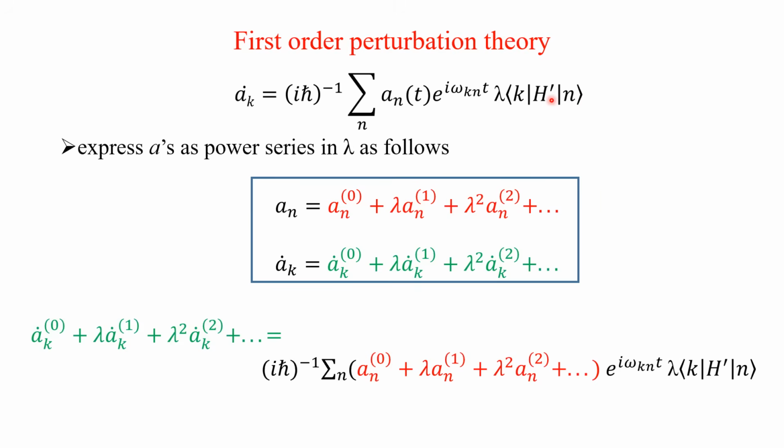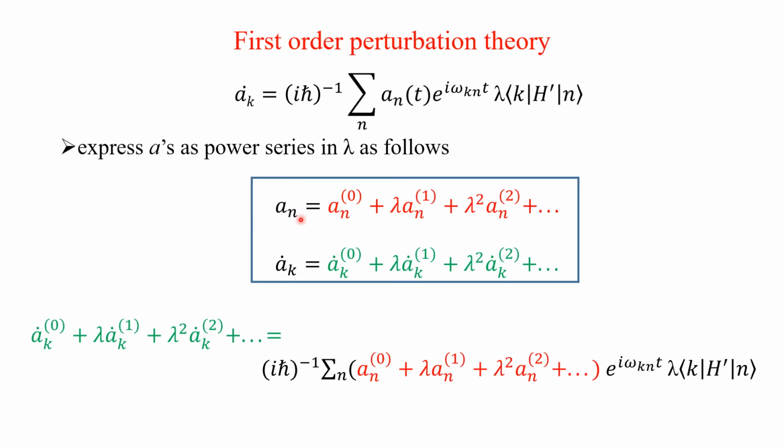As we have done in the case of time independent perturbation, a's can be written as a power series of lambda, where lambda varies from 0 to 1 and is normally very much smaller than 1. So an can be written as an0 plus lambda an1 plus lambda squared an2, and so on. We are ignoring the higher order terms because lambda is very small. You can ignore lambda cubed, lambda to the 4 and all other higher order terms.